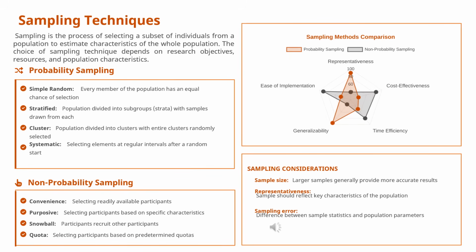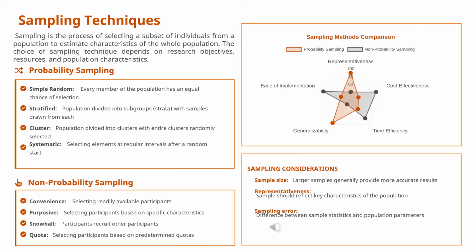Okay, now let's look at some of the sampling techniques used in public health research. From definition, sampling is the process of selecting a subset of individuals from a population to estimate characteristics of the whole population. The choice of sampling technique depends on your research objectives, the resources available, and the population characteristics.